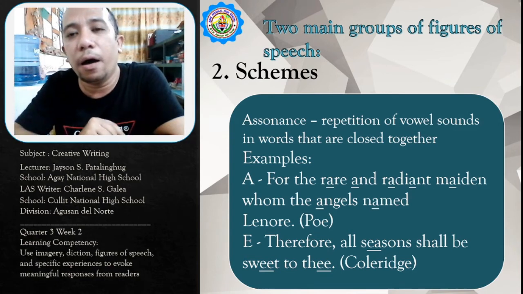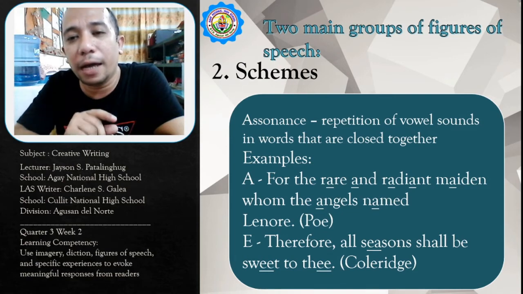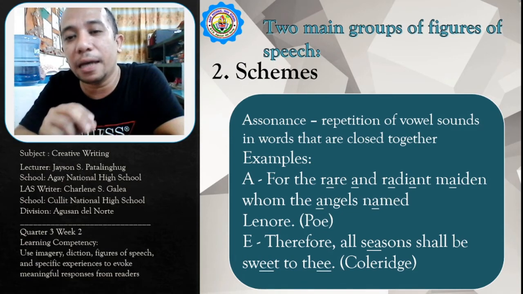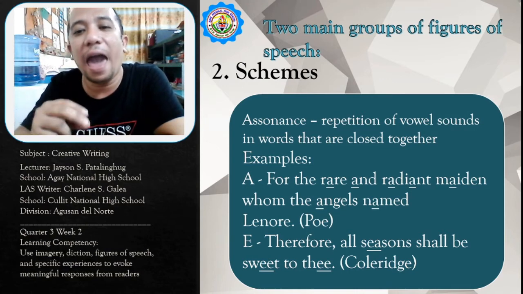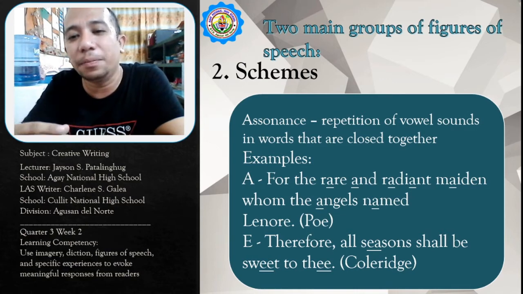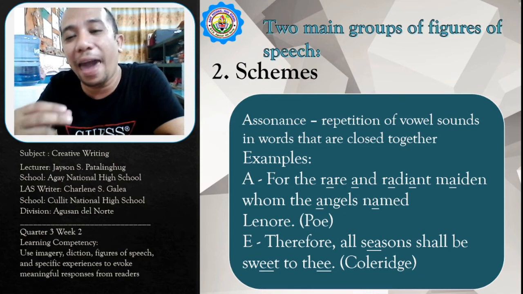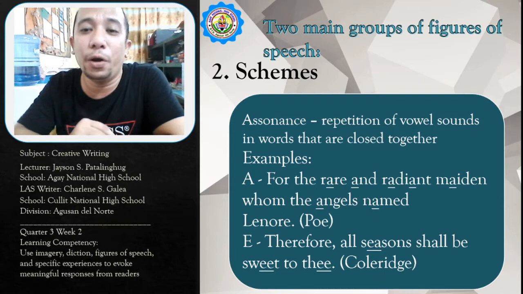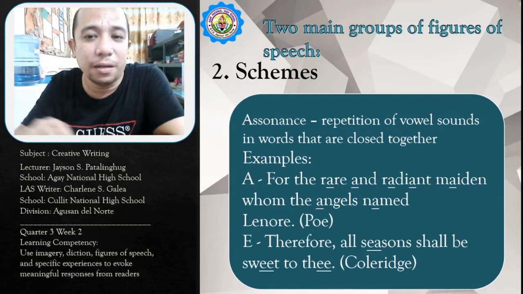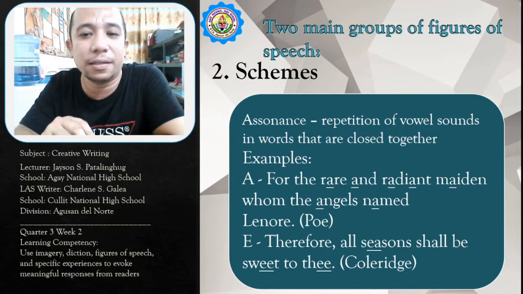What's the vowel sound that is being repeated? That's the sound A. We say rare and radiant maiden angels named. So the letter A is the sound that is being repeated in the sentence.